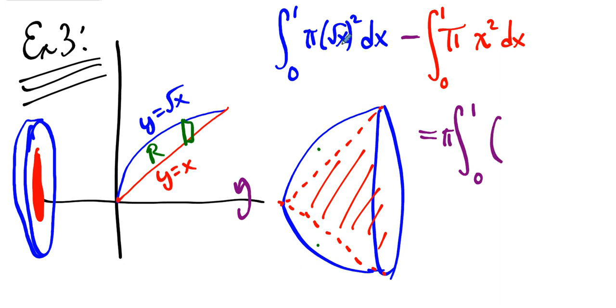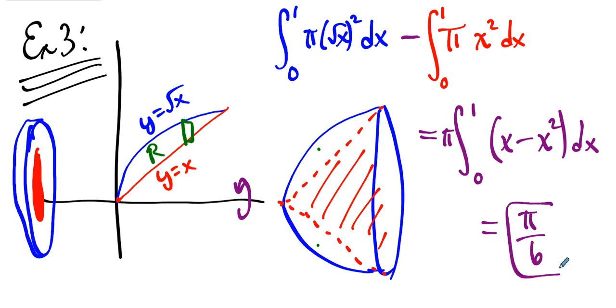And then inside, you've got square root of x squared minus x squared. We can do this as one integral. I'll leave it to you to figure out that this turns out to be pi over 6, because I just want to demonstrate how this process works. I'm not as concerned with the Calc 1 stuff, although you're free to ask about that when we gather.